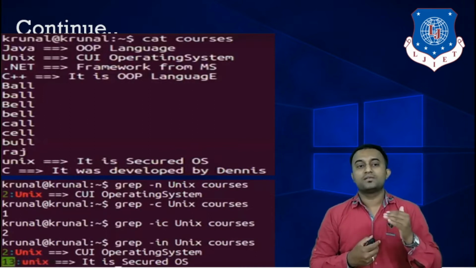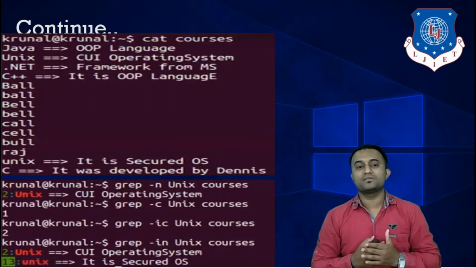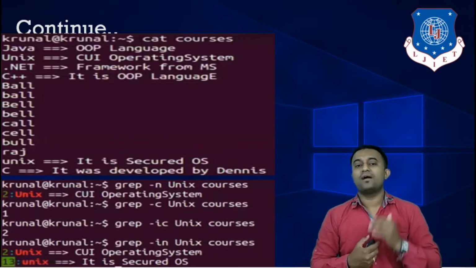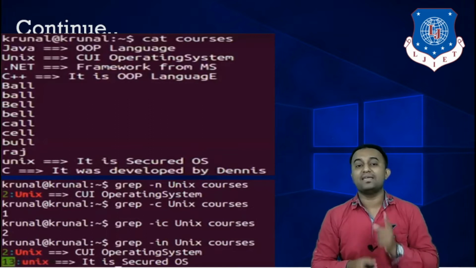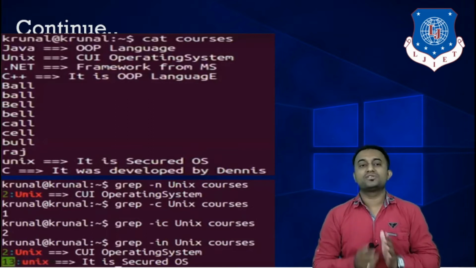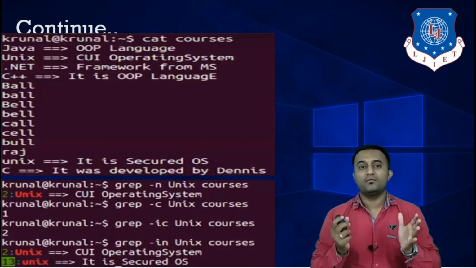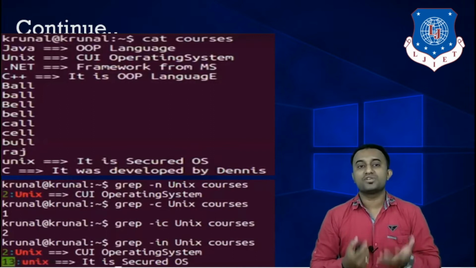One is the second row and the next is the 13th row, which is the second last in my file. Both rows are displayed because we have used -i, ignore case. So this is all about the grep command. It is a very powerful command in Linux, which is basically used for searching.